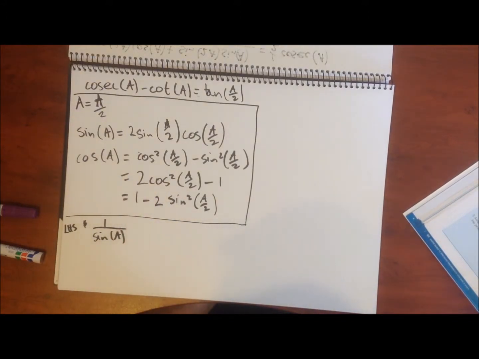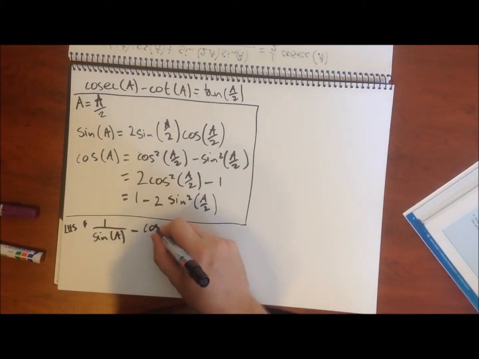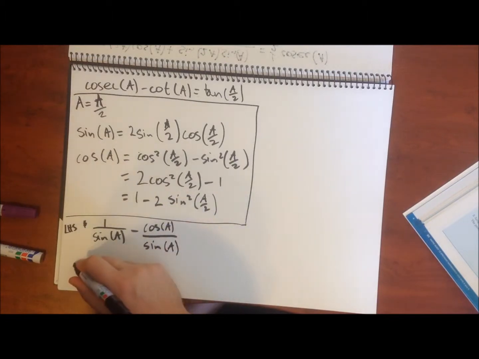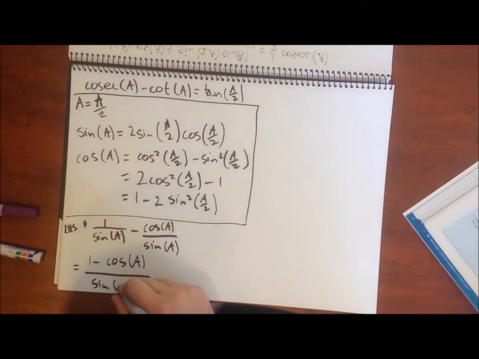And then we can look at our cot. Well, we know that is actually cos of a over sine of a. Which is quite nice because we can bring them together. Say that we've got 1 minus cos of a over sine of a. So we're getting there a little bit, and we can see here that we're going to be able to rearrange that a little bit too.